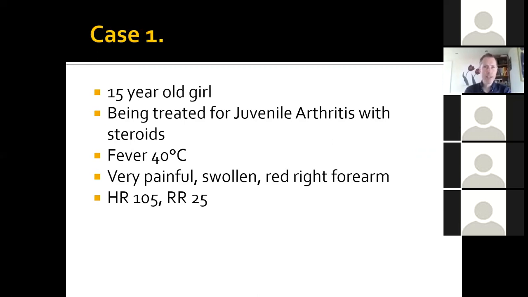So we'll go straight in with the first case, which is a 15-year-old girl who is being treated for juvenile arthritis with steroids. She presents to her local hospital with a fever of 40 degrees, and the main complaint is a very painful, swollen, red right forearm. She has a heart rate of 105 and a respiratory rate of 25.